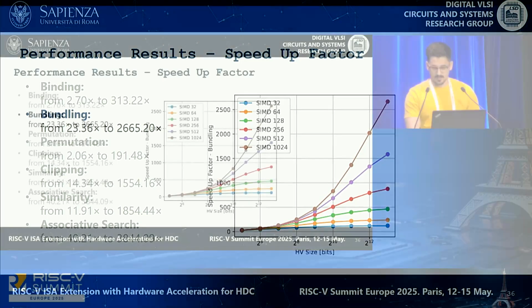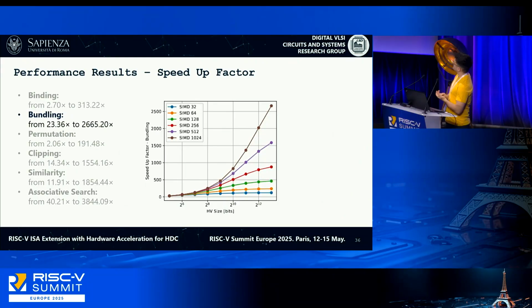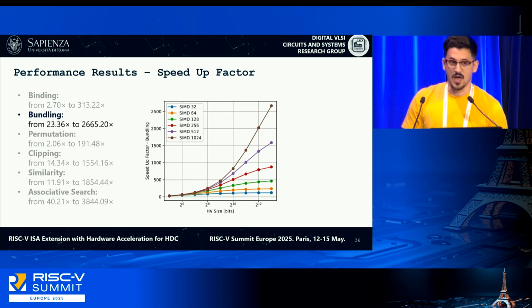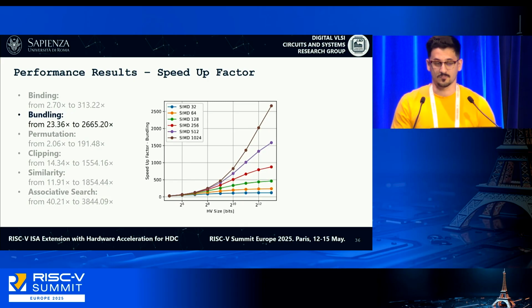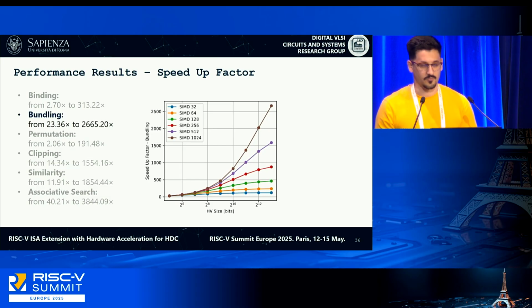This graph represents the speedup factor of the bundling operation, and we have an amazing speedup factor, starting from 23 times to 2,600 times. That means that we are going more than 2,000 times faster than the purely software execution.